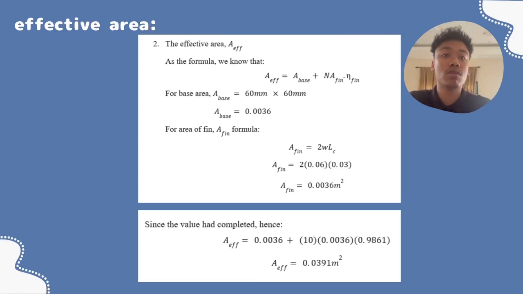Second, we need to calculate the effective area, A eff. Based on the formula, the effective area is equal to the area of the base, plus N multiplied by the area of the fin and multiplied by the fin efficiency.